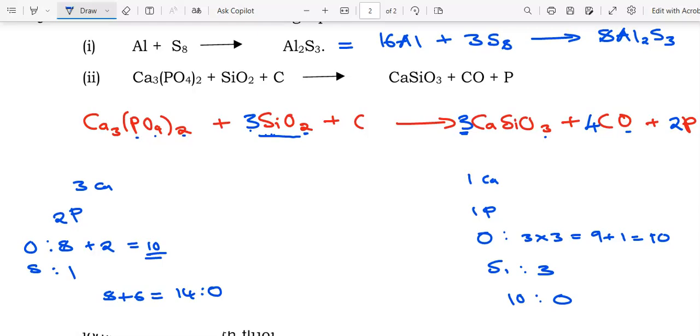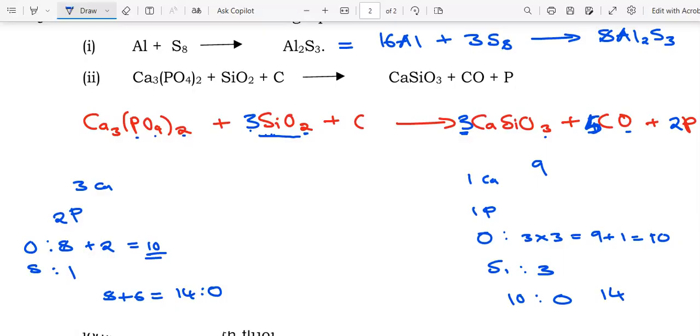Yeah, because here we have this times this, we have 9. So to make it 14, we have to add 5 here. So we're going to have 5 here, so that we may have 3 times 3, we have 9, then plus this 5, we have 14. That means oxygen is also balanced. Alright, so this is how simple you can balance this kind of an equation.